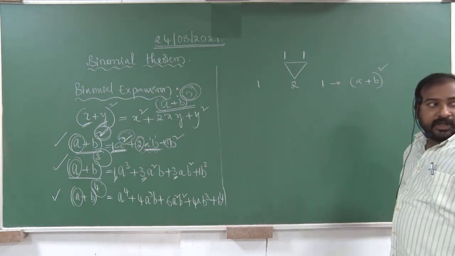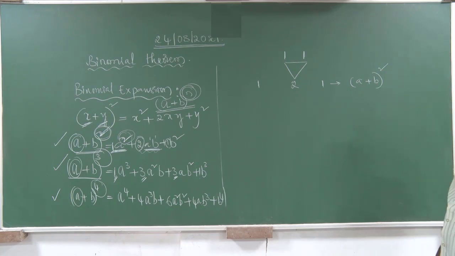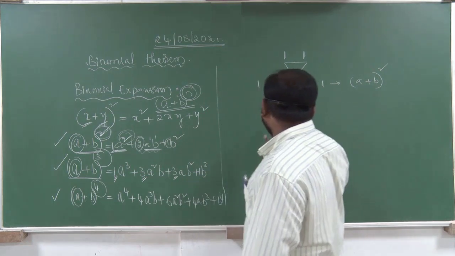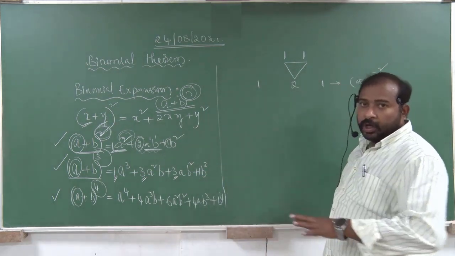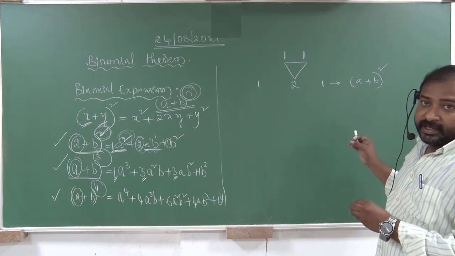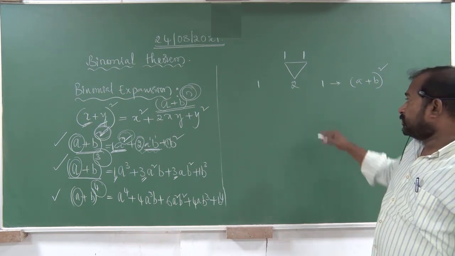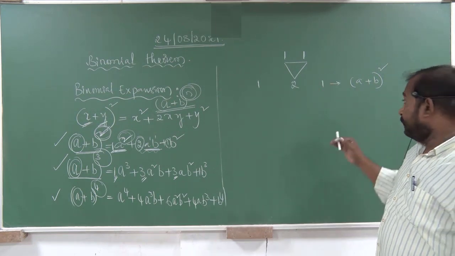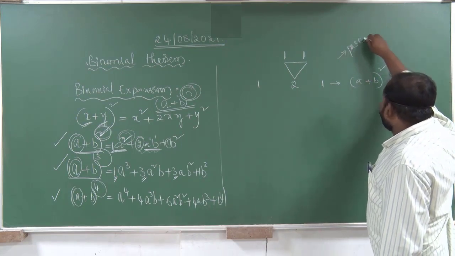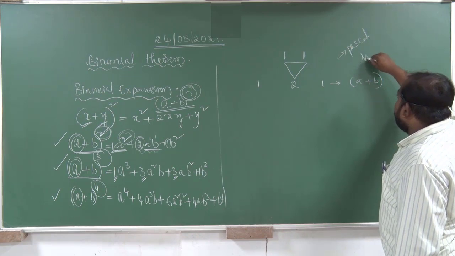If you observe, in a plus b whole square, what are the binomial coefficients? 1, 2, 1. These things you know already. And the method of finding binomial coefficients, this method is known as the Pascal triangle method.